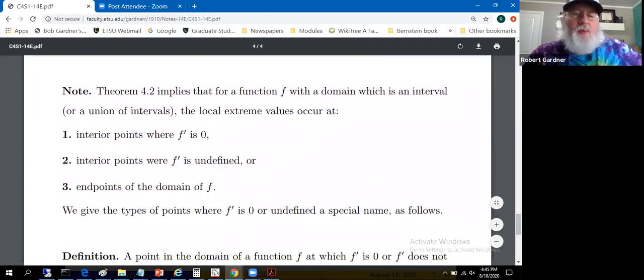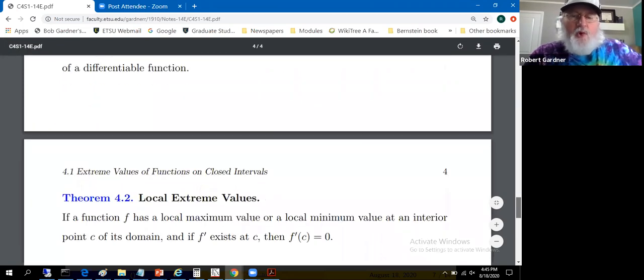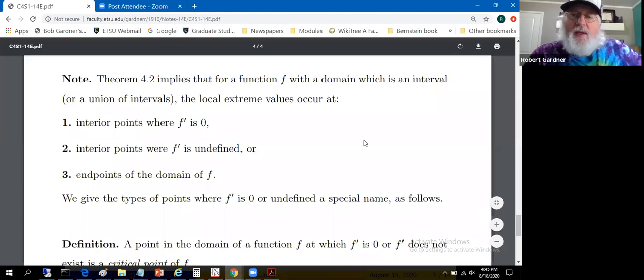So what we get from this theorem 4.2, the local extreme values theorem, is for function f with a domain D, which is an interval or a union of intervals. This we're unlikely to deal with, but it's true. The local extreme values occur at interior points where the derivative is 0. That's what the theorem said. Or interior points where f prime is undefined.